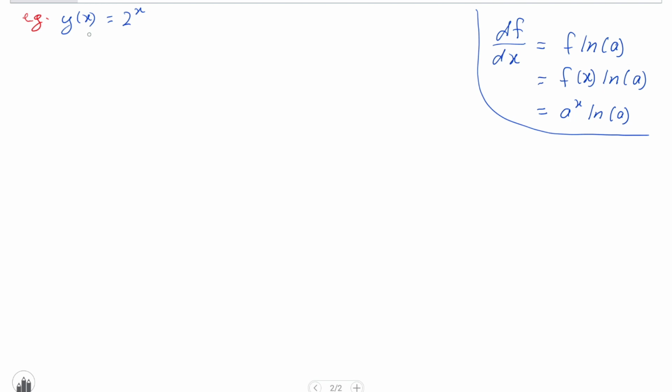We're finding the derivative with respect to x using the chain rule. So I encourage you to pause the video from here and try to solve the question yourselves first, and then in a couple of seconds or minutes, we'll go through it together.